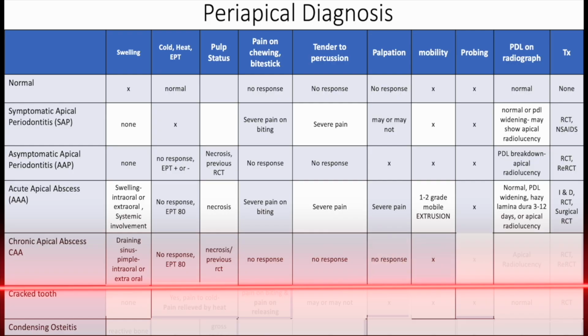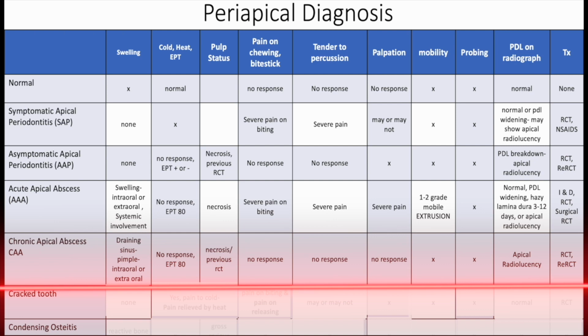So the patient does not complain of pain, or the tooth does not give symptoms of pain because of biting or percussion. Palpation and mobility are irrelevant in this case, and on the PDL, you would see apical radiolucency clearly. Later we will talk about periapical granuloma as well as periapical cyst, but for now, this kind of radiolucency with a pimple coming out is always associated with chronic periapical abscess.